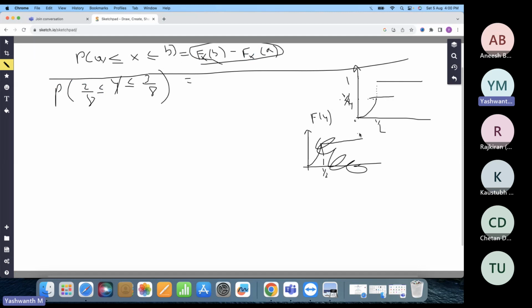Yeah, so probability Y greater than or equal to 1 by 4, you can write it as 1 minus probability Y less than or equal to 1 by 4. And at 1 by 4, this is all continuous, and you can still use this, because I think Y is positive. Again, you can use this same formula.